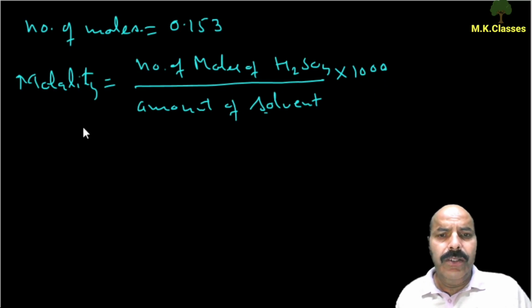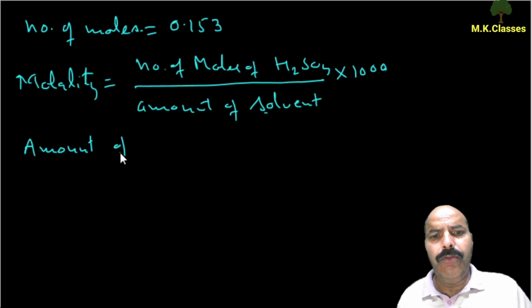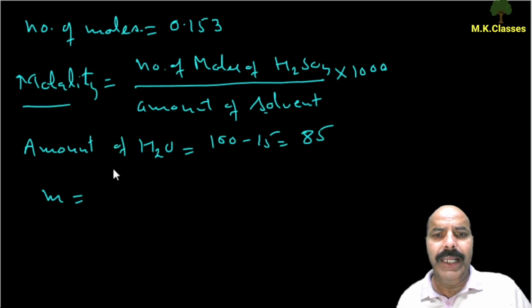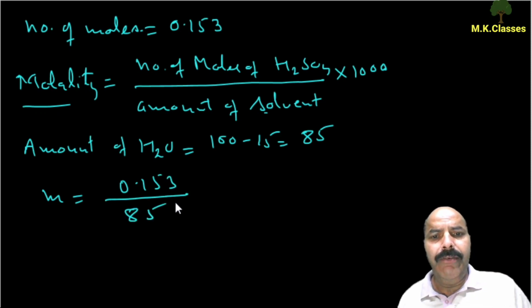Is that clear? So amount of solvent कितना रहेगा यहाँ, amount of water H2O, that is equal to 100 minus 15, क्योंकि आपका 15 ग्राम तो सल्फ्यूरिक एसिड है, that is equal to 85 beta. So here this small m, that is this molality beta, that is equal to number of moles, that is 0.153 upon 85 gram into 1000. Is that clear? So again I'm using calculator beta.